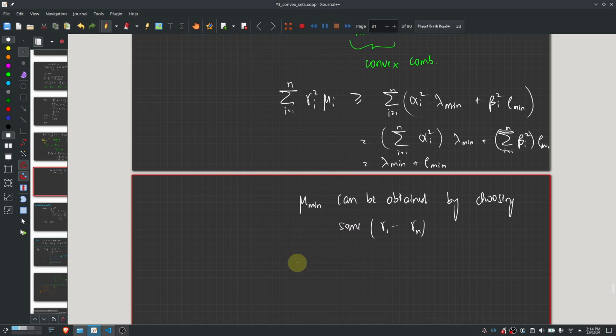Okay, so which means that mu min is greater than or equal to lambda min plus rho min. So the minimum eigenvalue of a sum, at least for symmetric matrices, is always greater than or equal to the sum of the minimum eigenvalues of the two corresponding matrices.